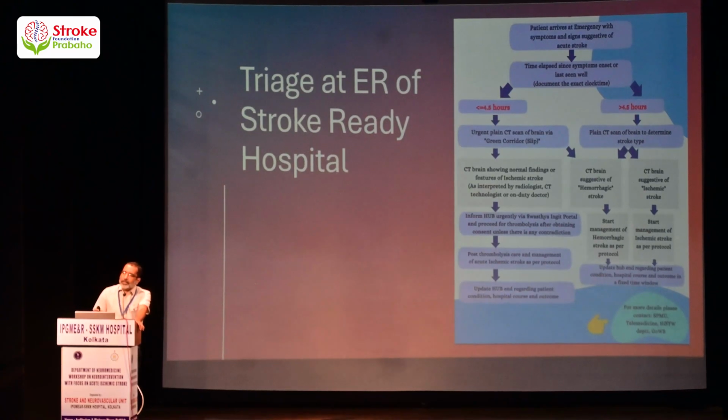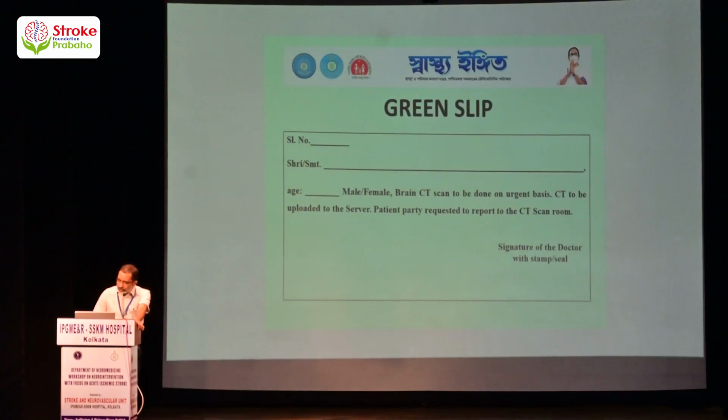Now, if it is a patient eligible for thrombolysis, then the thrombolysis procedure is done either in the emergency itself or in the nearby medicine ward. So by issuing this green slip, a significant amount of time can be saved and appropriate management can be ensured within this golden period.